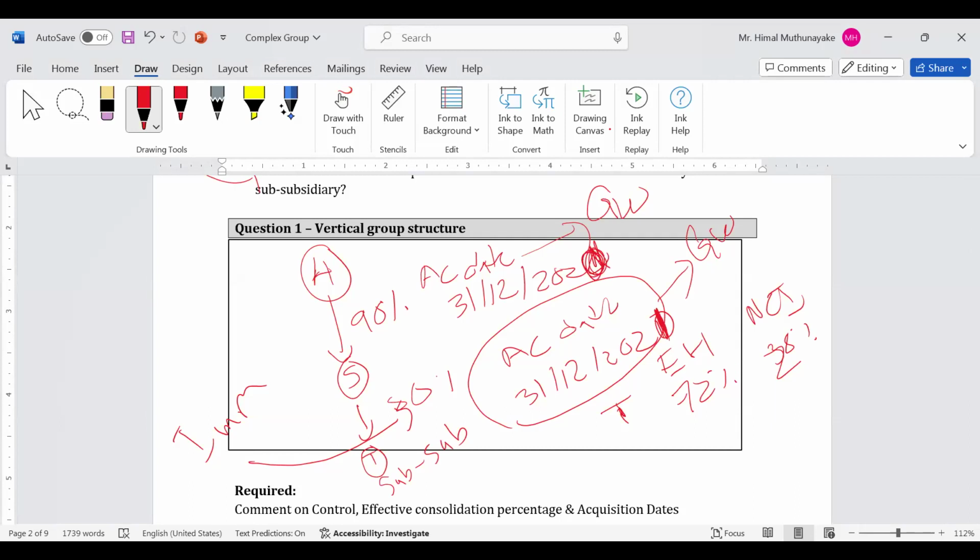This business combination happened in 2021 and this business combination happened in 2020. So let's change the dates. I will omit this one and say this combination happened in 2020 and this combination happened in 2021. So then how are we going to calculate the goodwill? At which date are we going to calculate the goodwill?